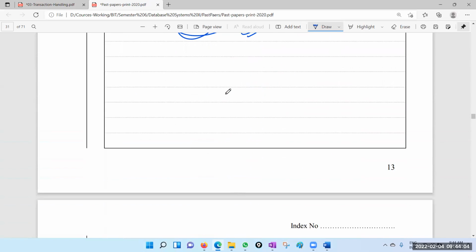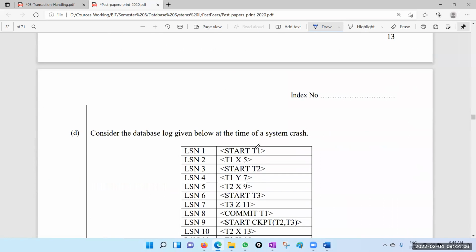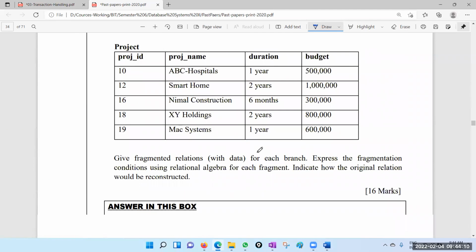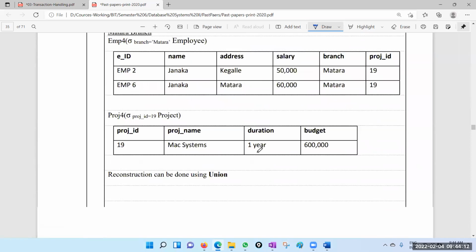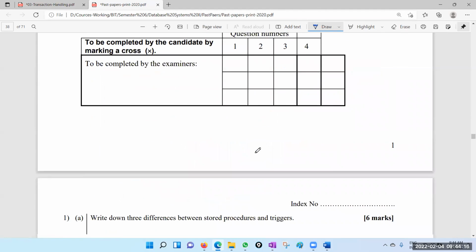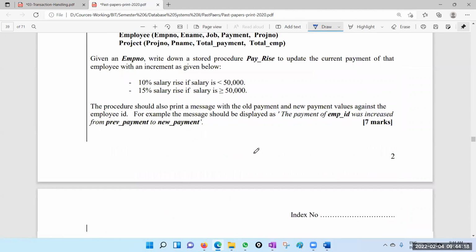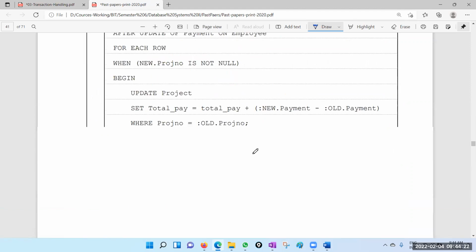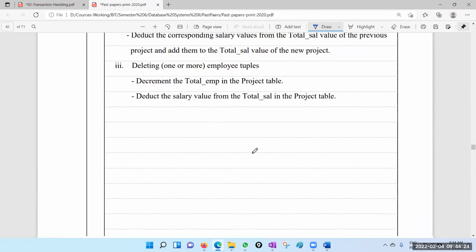Right. So this is a recovery question. Actually, in the 2020 paper, that was one of the easiest questions. Usually you get big questions with a lot of transactions.